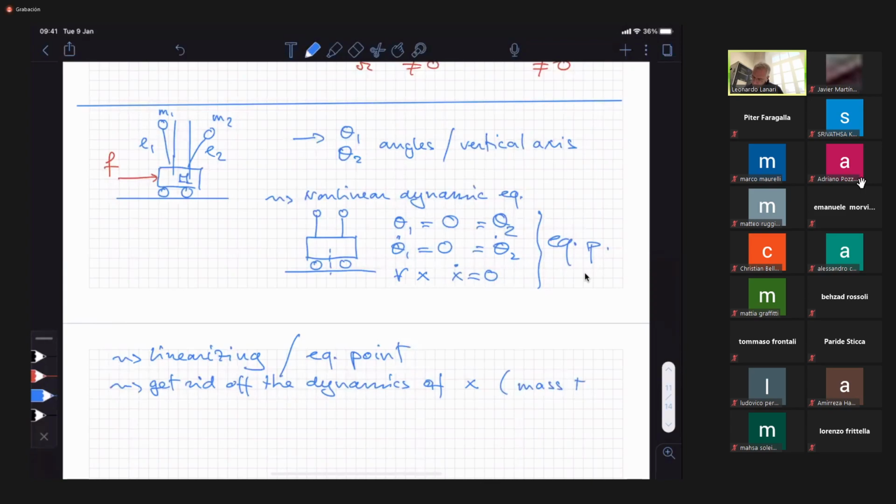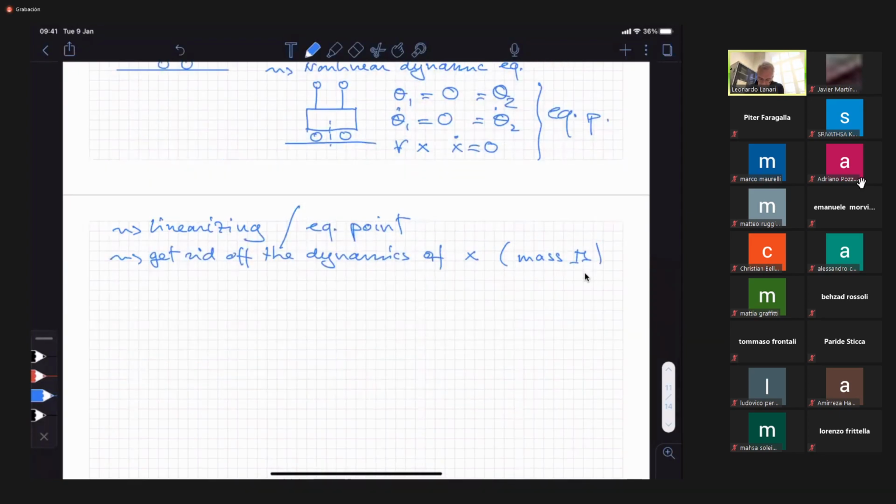Okay, and what comes out is something that looks like this. M1 V dot plus L1 theta 1 double dot equal M1 G theta 1.